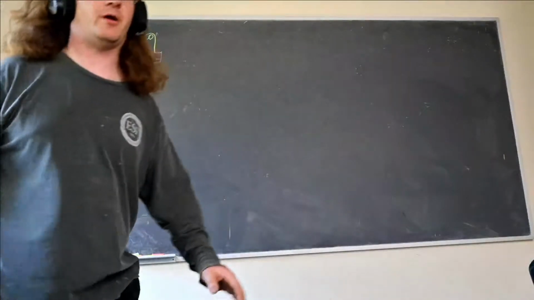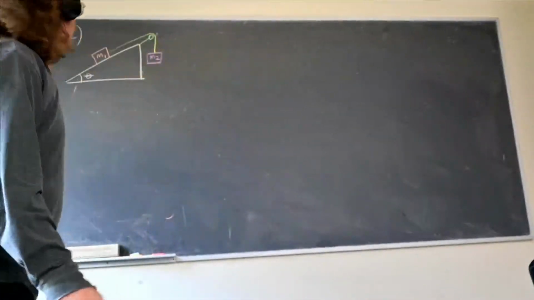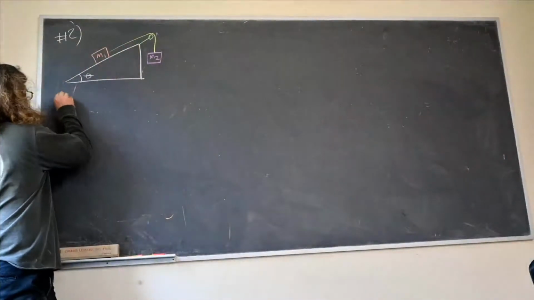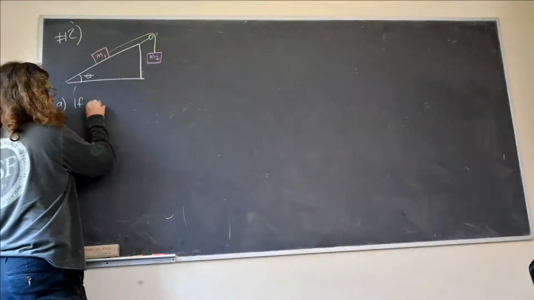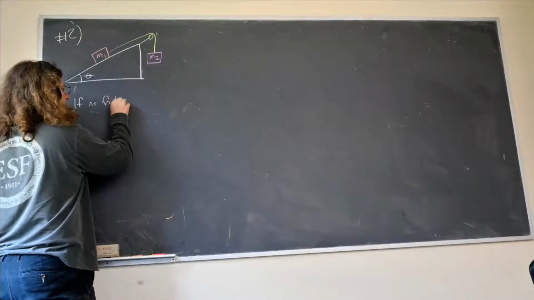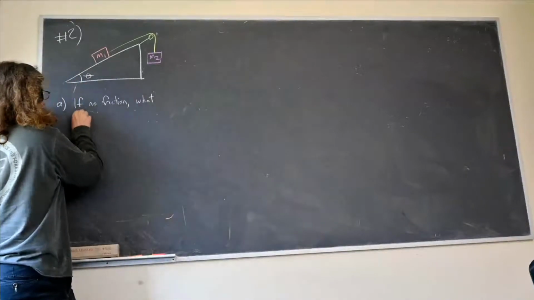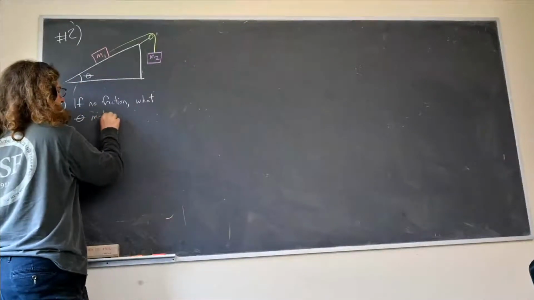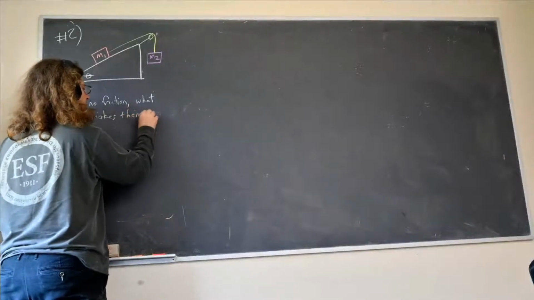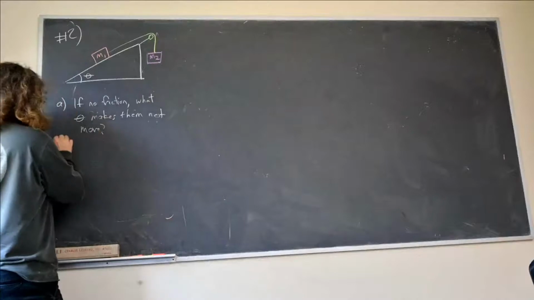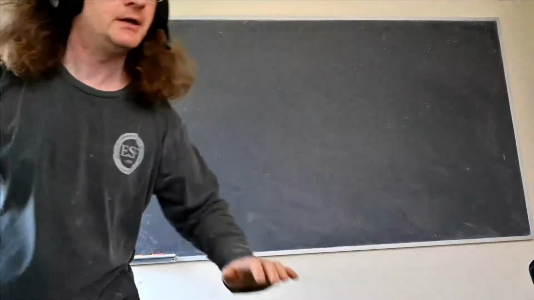So, what are the questions? Part A, we'll do them one at a time. A says, if no friction, what angle makes them not move? Part B says, okay, now assume that the big one slides down the ramp.